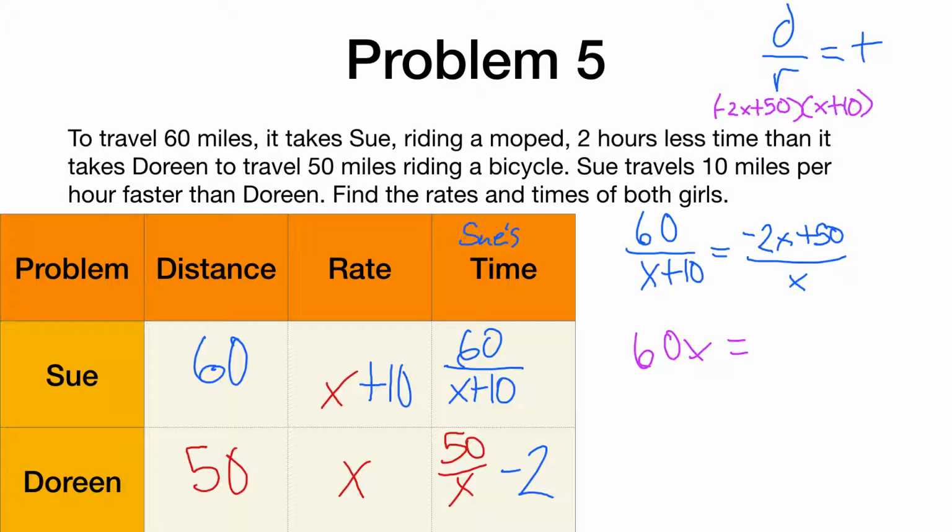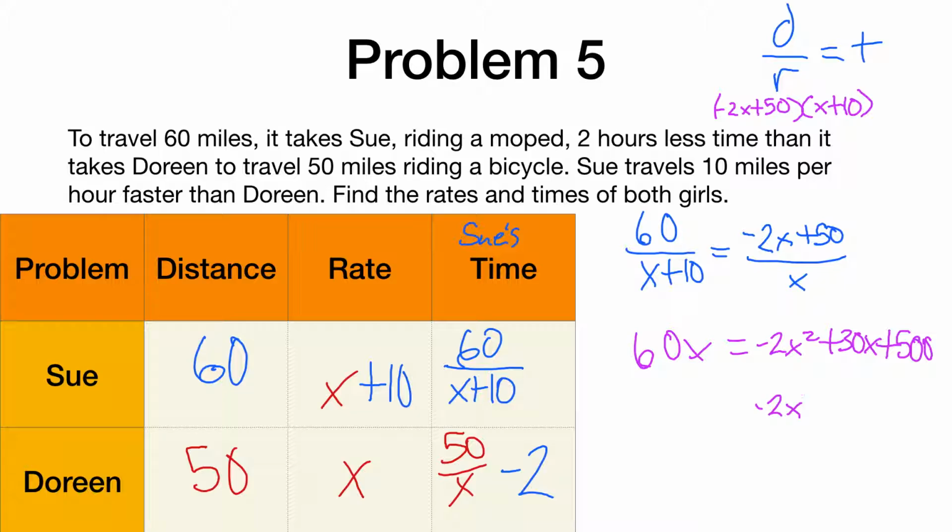So that becomes negative 2x squared, and then negative 20 plus 50, that becomes plus 30x. And then plus 500. So I want to combine everything.